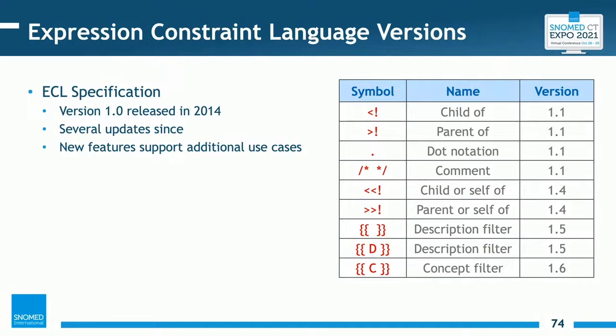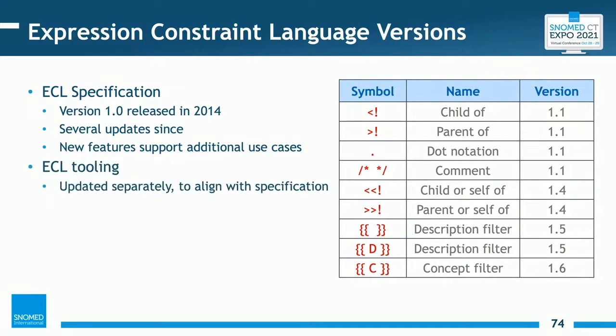It's also important to know that changes to the language and changes to the tooling are two separate efforts. In other words, when an update is made to the ECL specification, tooling must also be updated to support the new features. It's reasonable to expect that ECL tooling will not always align with the most recent version of the expression constraint language.